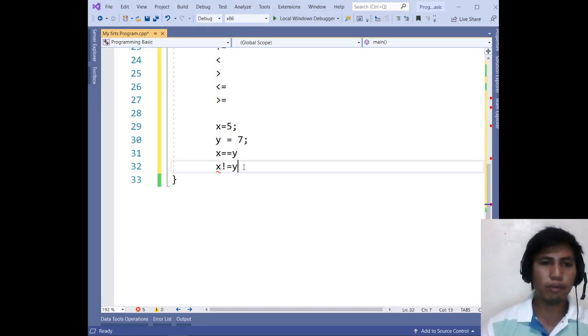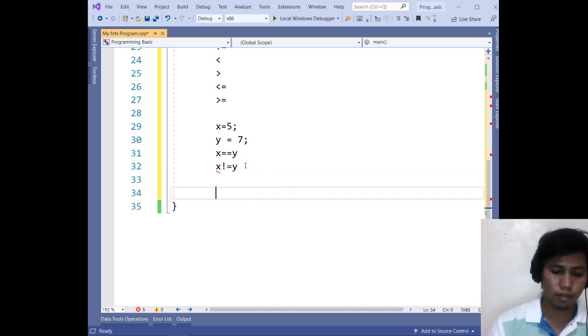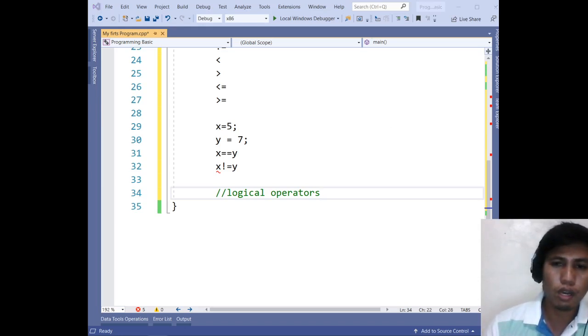Then we also have logical operators. So logical operators are used to evaluate more than two expressions.